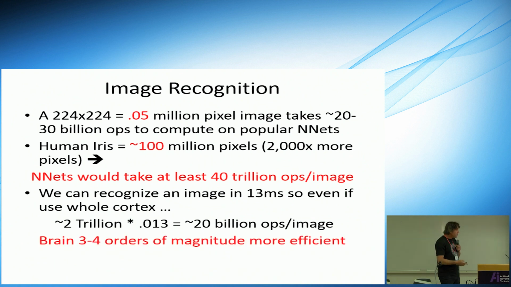So this is about 3 or 4 orders of magnitude more efficient than what we have. We recognize images with our brain 3 or 4 orders of magnitude more efficiently than we do right now with neural networks running on today's hardware. Good, so that has to do with compute.